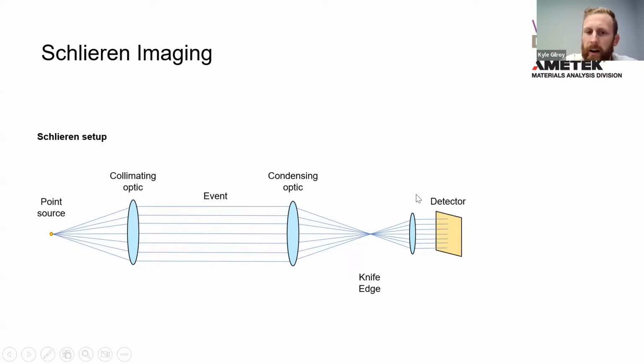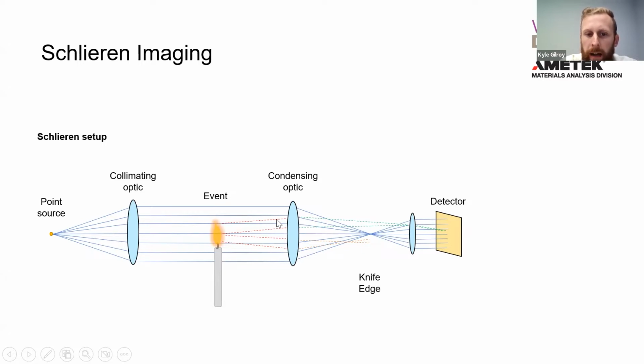So now what you could do is place an event that induces a refractive index gradient. For example, the candle will bend these collimated photons. As these collimated photons come through, they'll be bent and they will no longer be collimated.